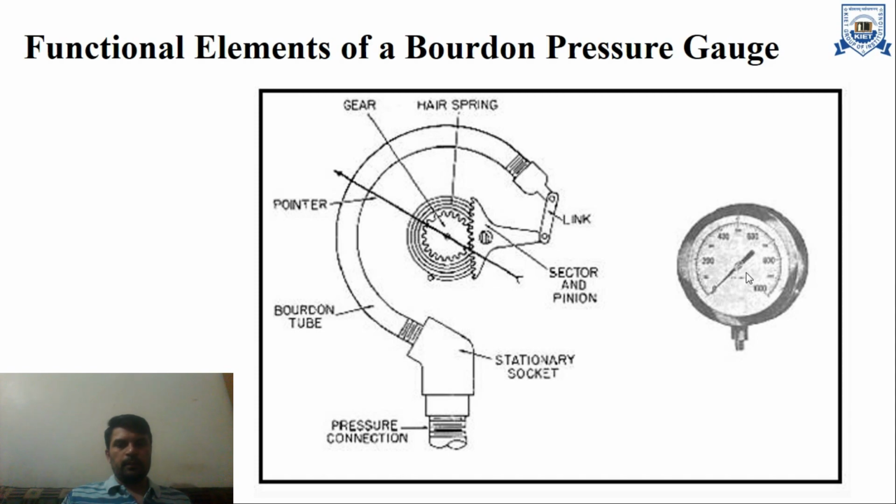This is the scale of pressure for the pressure measurement. It is calibrated in terms of pressure. So as the pressure increases or decreases, this pointer also moves from 0 degree to 1000 degree, and we get the readings of pressure.